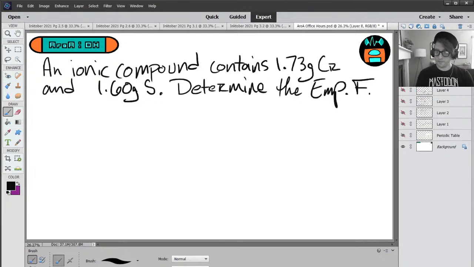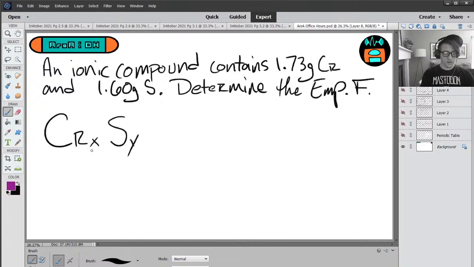All right, so just by way of review, the empirical formula is going to have chromium X, sulfur Y, where these values, X and Y, are the simplest integer ratio.